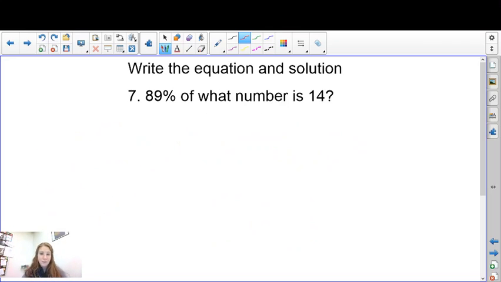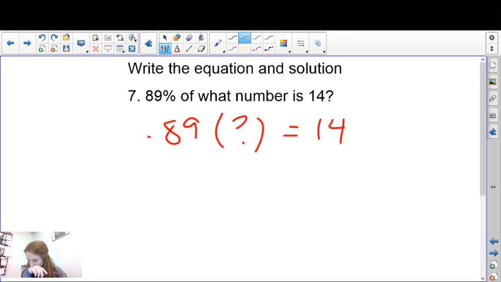Number 7, again, write the equation and find the solution. 89% of what number is 14? So 89% is 0.89. Of what number is what I'm looking for, is means equals, and 14.